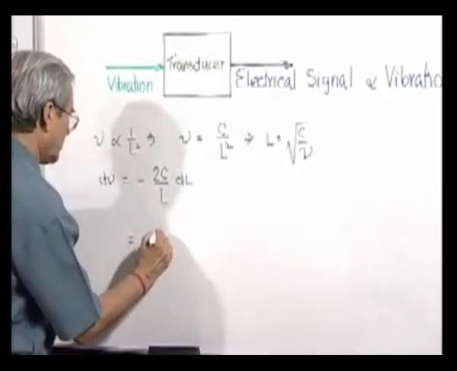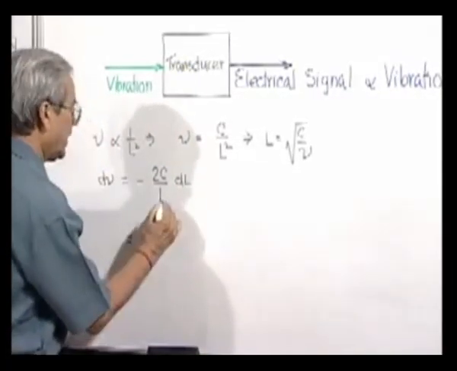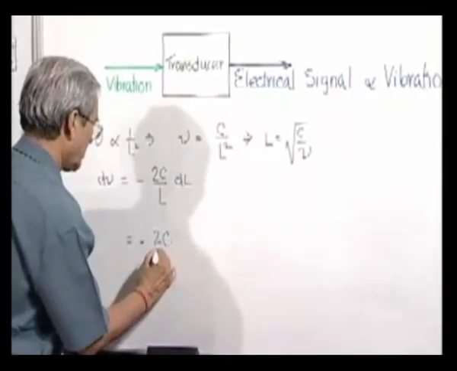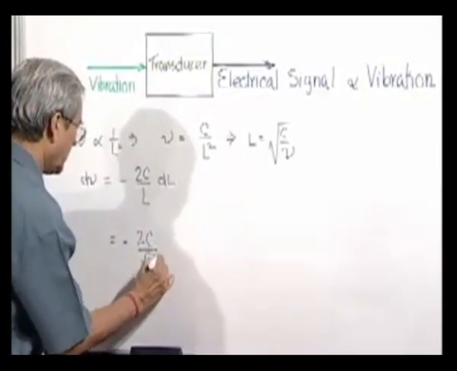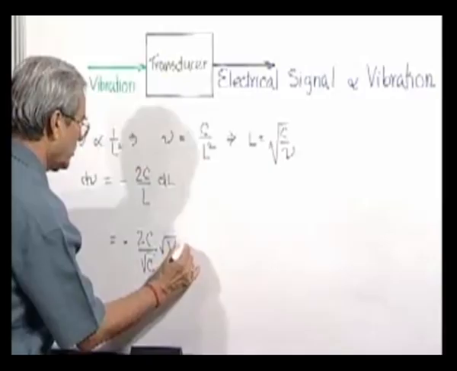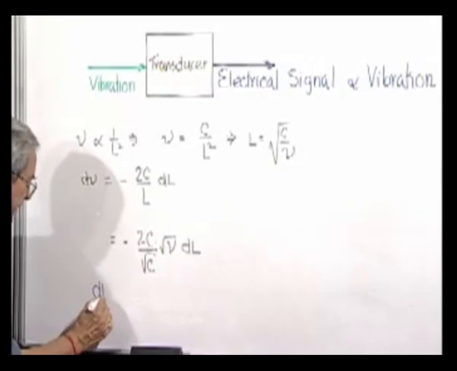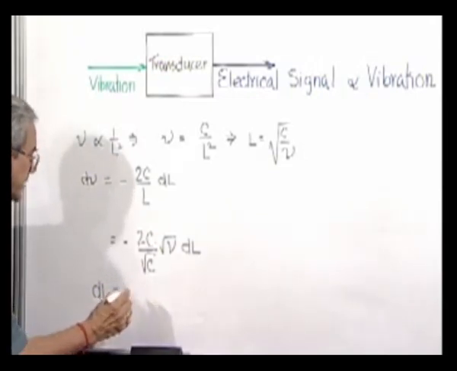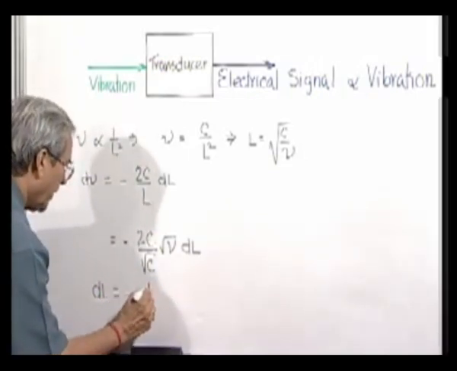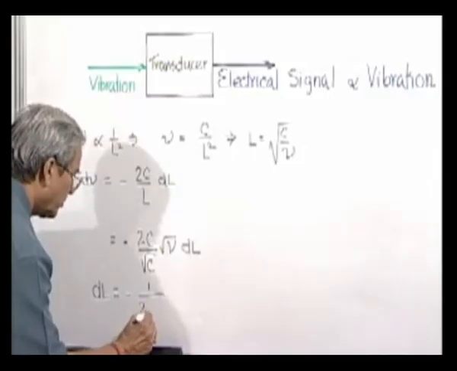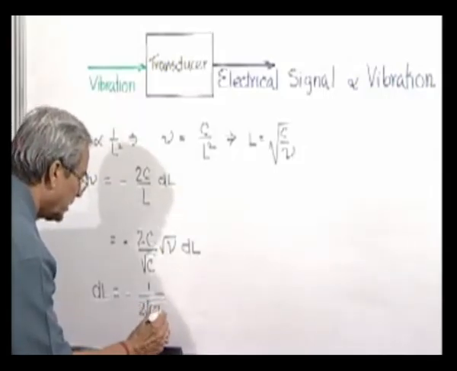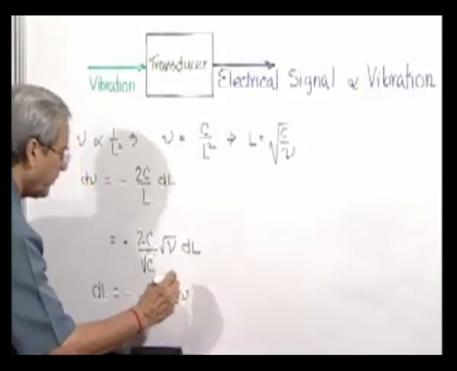Change in the length is given by minus 1 by 2 square root of C nu d nu.